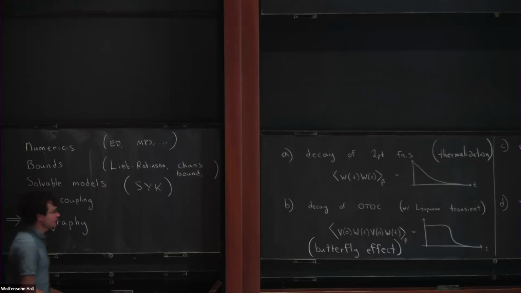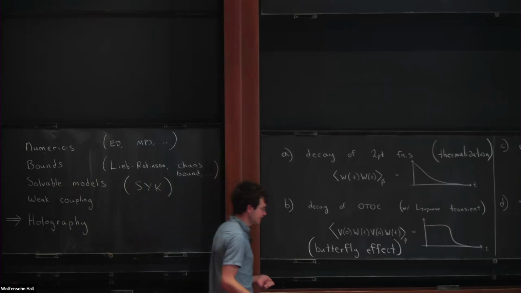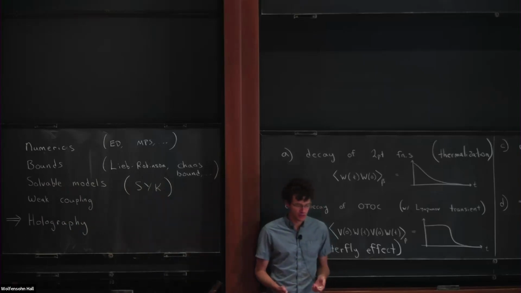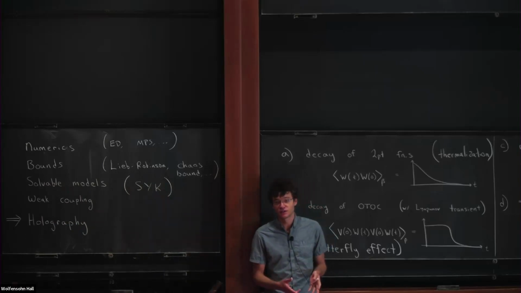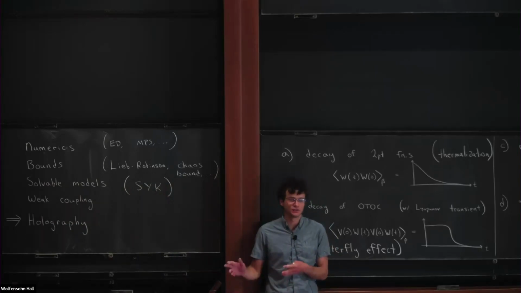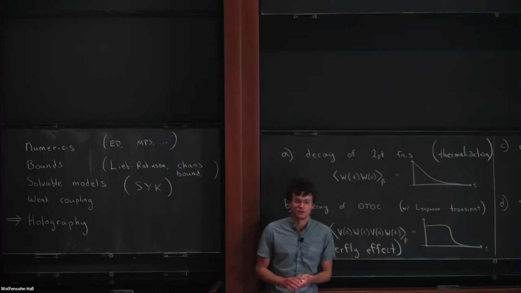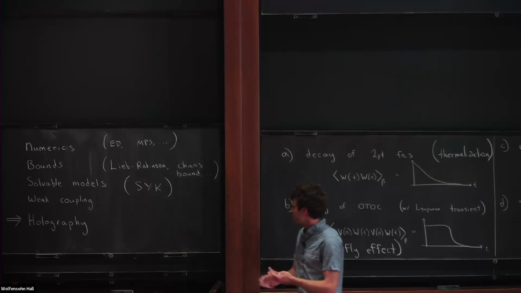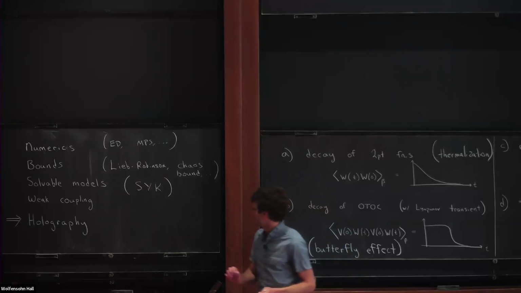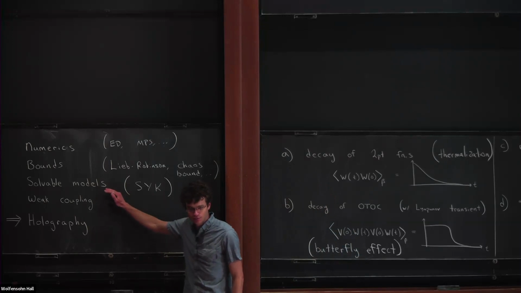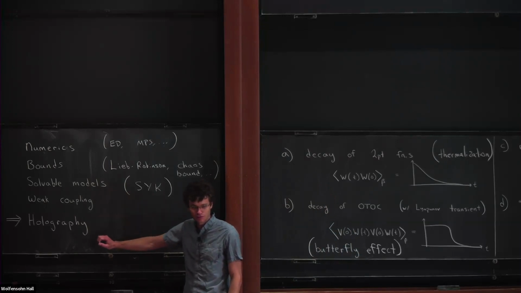So the idea with holography is that certain black holes represent certain many-body quantum chaotic systems deep in the strongly chaotic regime. In some sense, it's a little bit like the SYK case, if you're familiar with that, but not with holography, maybe.